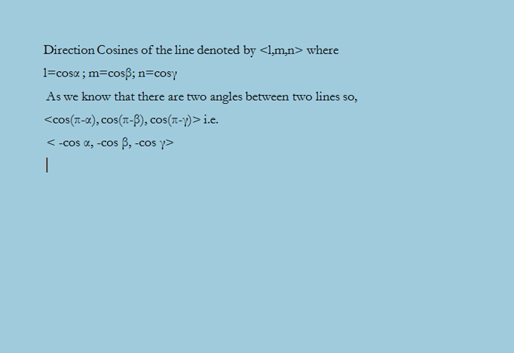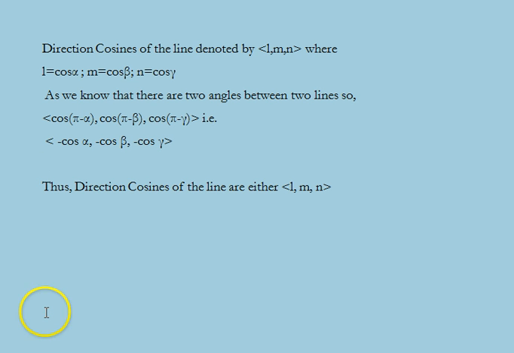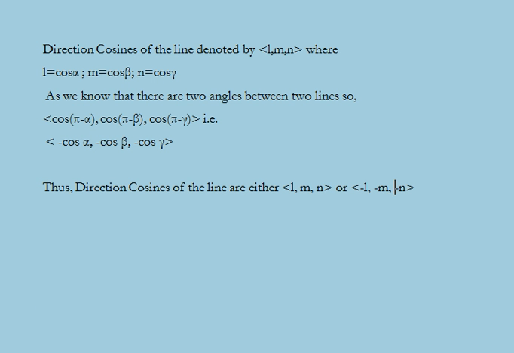That is, minus cos alpha, minus cos beta, minus cos gamma are also the direction cosines of the given line L. Thus the direction cosines of the line are either l, m, n or minus l, minus m, minus n, where l is equal to cos alpha, m is equal to cos beta, n is equal to cos gamma.